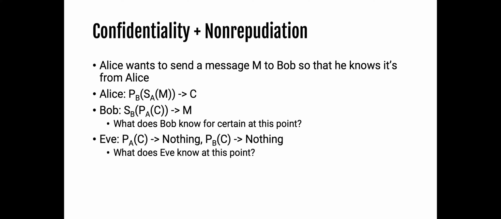He decrypts the entire message with his own secret key. And then Bob is going to use Alice's public key to decrypt this message again, so that he knows that this comes from Alice, and this is the message that Alice wants to tell Bob.